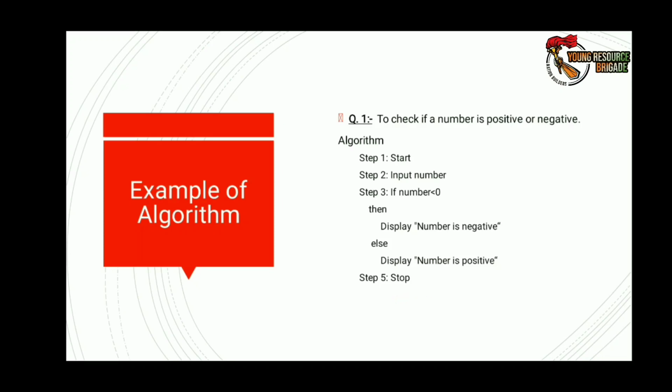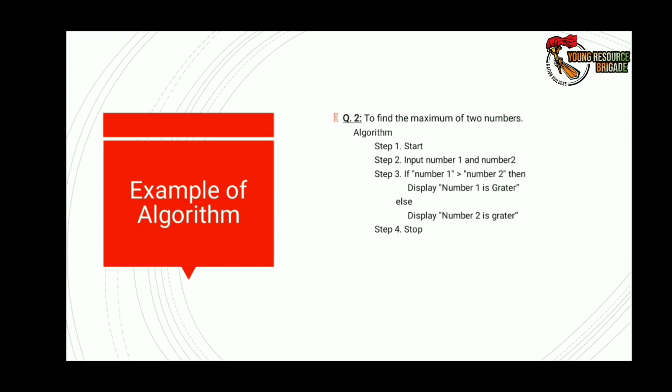Then we see the second example, to find the maximum of two numbers. Here the algorithm is given. Step first, start our procedure. Then step second, take two numbers as input, number 1 and number 2. Then third step, if number 1 is greater than number 2, then display number 1 is greater.